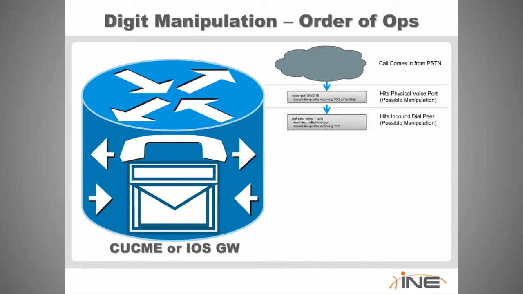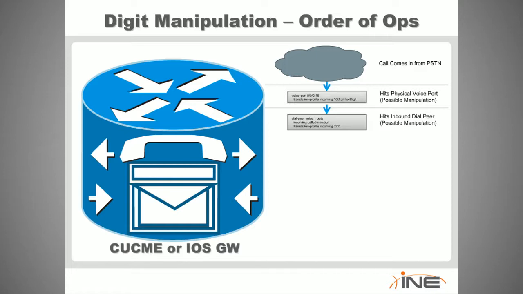This one is a little bit tricky because the name sounds like it's called number, like DNIS. And it does match DNIS, or called number, on an outbound dial peer, when the router's already selected an inbound dial peer when the call comes in, and now it's trying to select an outbound dial peer. It looks at destination pattern and matches that against the DNIS, or called number.